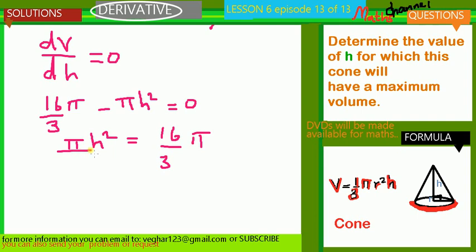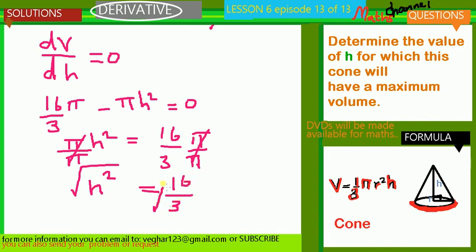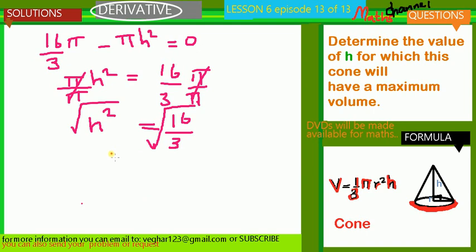Dividing by pi on both sides, the pi will cancel the pi. So the h is this one.